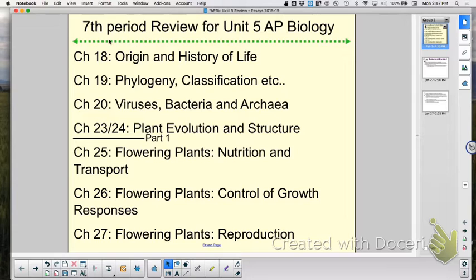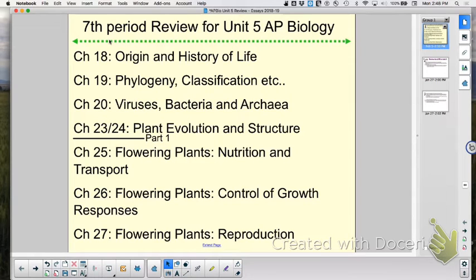And then that brings us to chapter 23 and chapter 24, plant evolution and structure. On plant evolution, I mentioned this before. What are the big steps that you need to go through in order to be a plant? What steps do you have to go through to get on land? Why would you even want to be on land? What's the advantage of getting on land? And then structure.